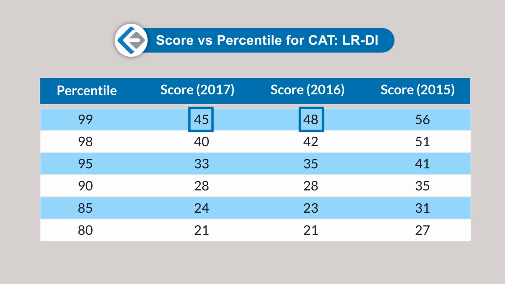If we check around the 80 percentile for 2017 and 2016, there is a score of 21, around 7 net correct questions. So the level of difficulty of 2016 versus 2017 was almost the same, which was tough, compared to 2015, where a 99 percentile was at a score of around 56, which is around 18 to 19 net correct questions.